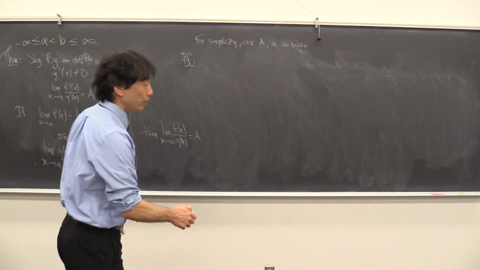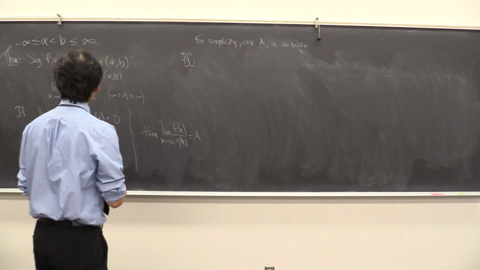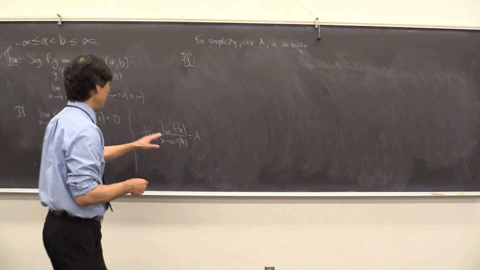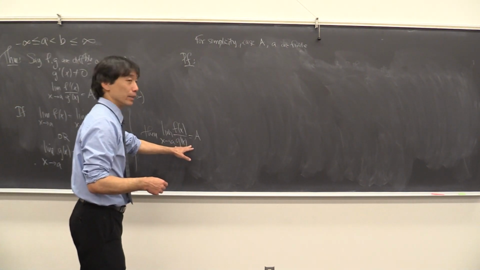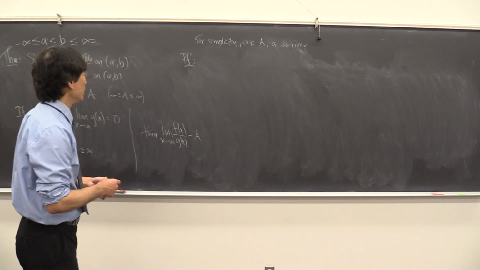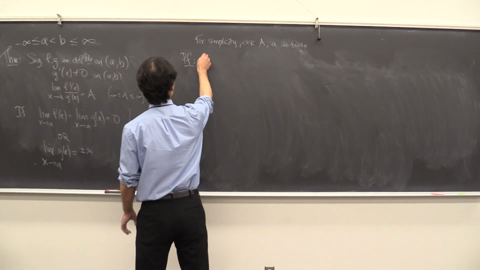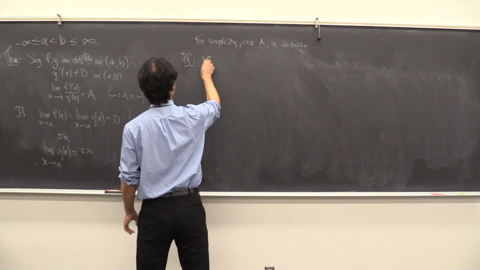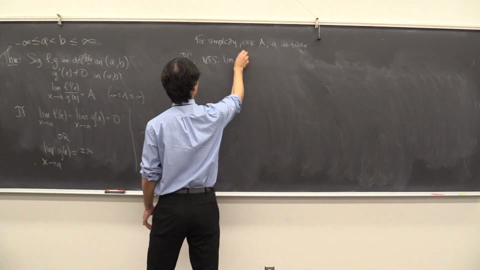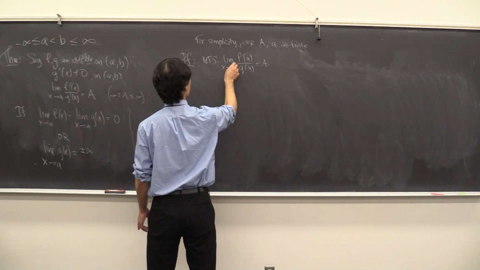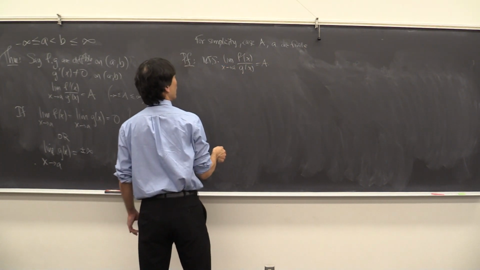So we want to show that the limit of the quotients is actually A as x approaches little a.